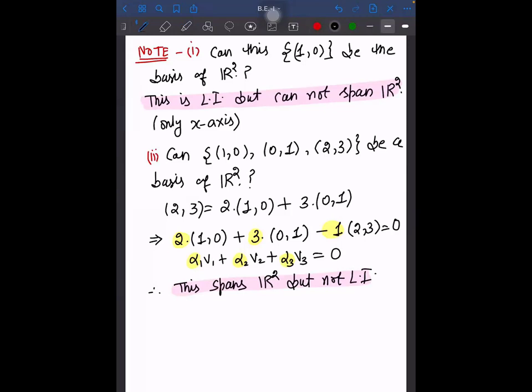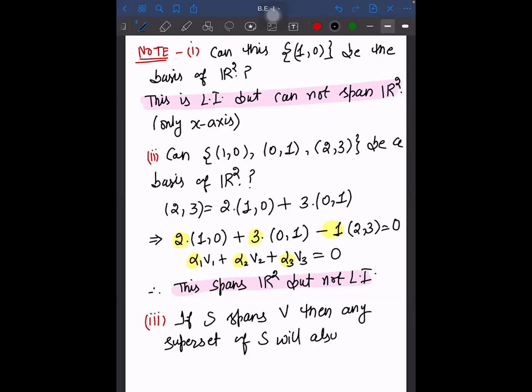Always keep in mind, I'm putting the third note over here: if S spans, let's say, V, then any superset of S will also span V.